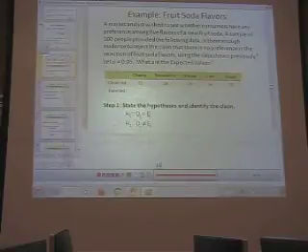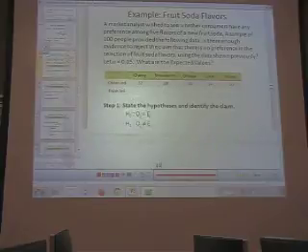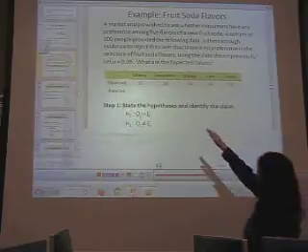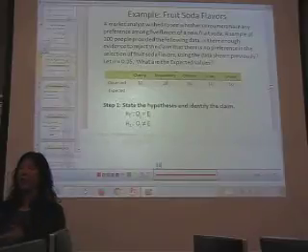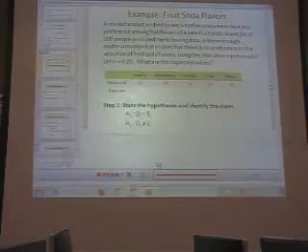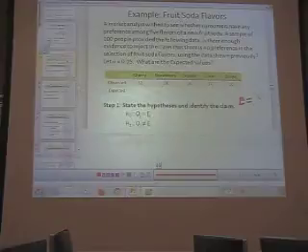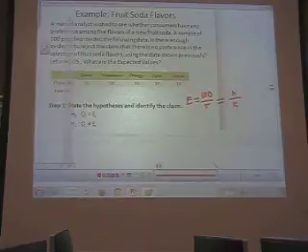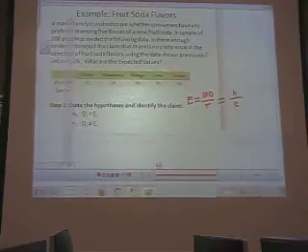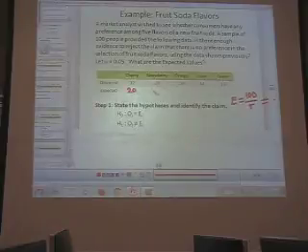They should all be the same. If there's no preference, they should all be the same. I have 5 categories. I have 100 of them. That means I should have 100 divided by 5 categories, 20 in each. So my expected should be 100 divided by 5. In other words, it should be my n divided by k. Everybody good with that part? So it's going to be 20 in each.